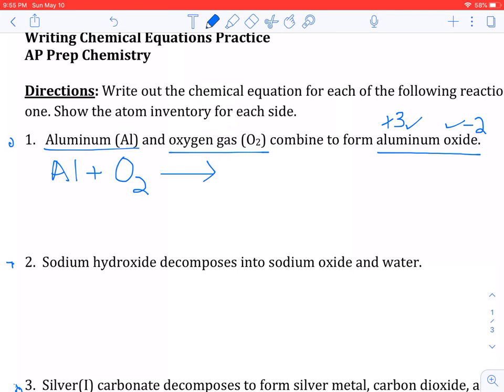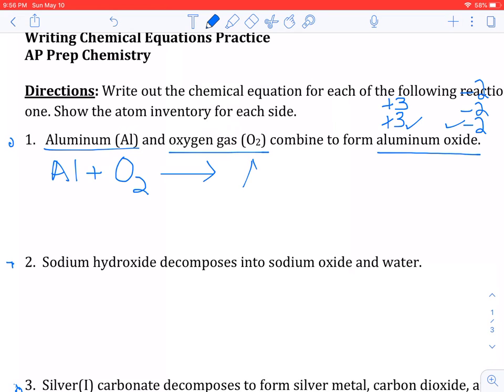So I know from ionic bonding that when I have a +3 and a -2 charge together, I need the rule of zero charge to work. So I'm going to need another +3 ion, and I'm going to need two more -2 ions, so that I'll have 2 Als and 3 Os.